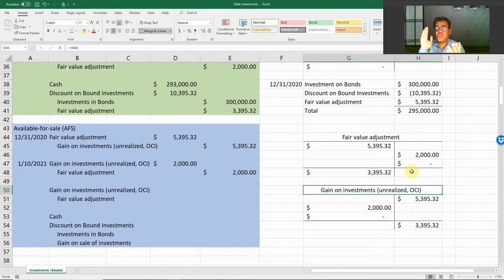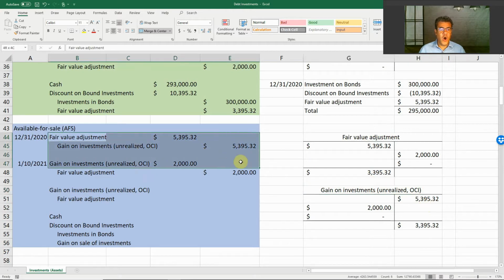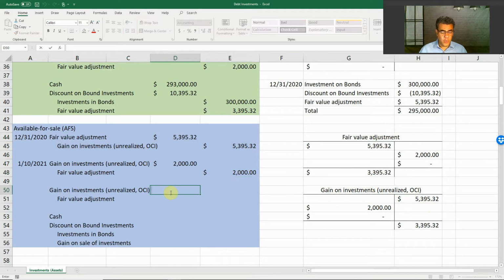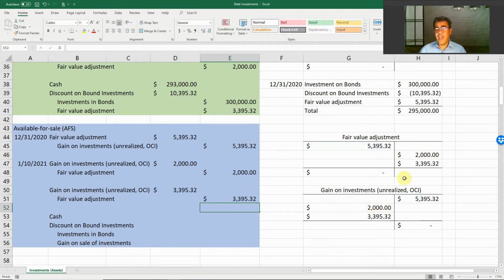However, for each investment, fair value adjustment and gain on investment, we will have the same ending balance because it is always the same journal entry. So let's close both. Here, fair value adjustment, 5 less 2. Or sorry, gain on investment, 5 less 2. Same number for fair value. We have here, they are closed.